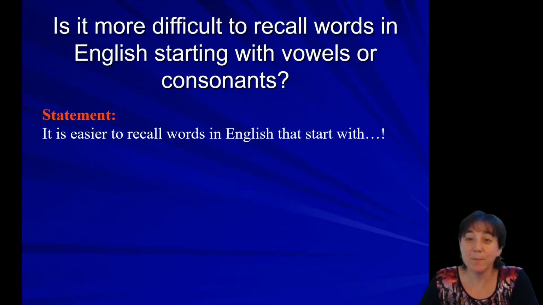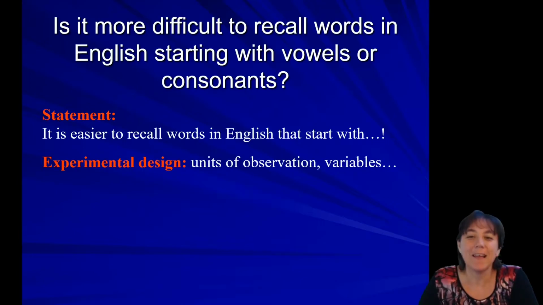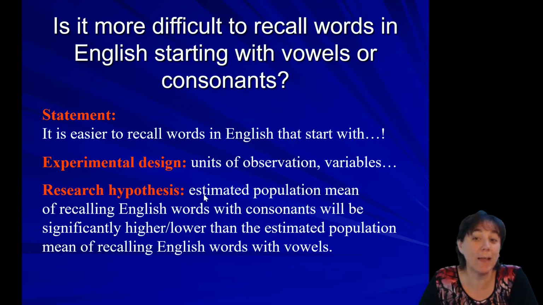Okay, so my statement might be: is it easier to recall words in English that start with vowels or consonants? Experimental design, don't forget units of observation and variables. The research hypothesis should be that the estimated population mean of recalling English words with, let's say, consonants will be significantly higher or lower, based upon your opinion, than the estimated population mean for vowels.